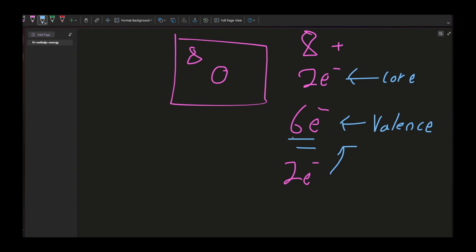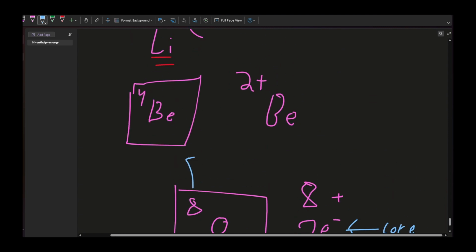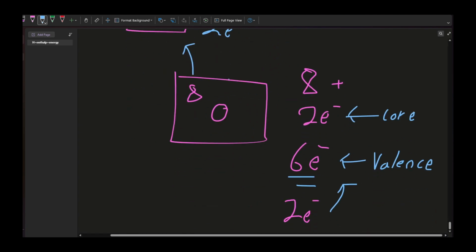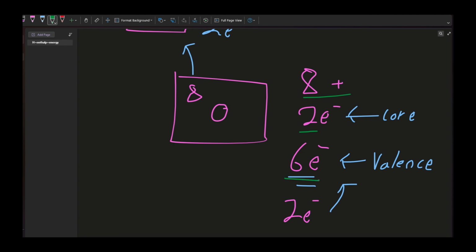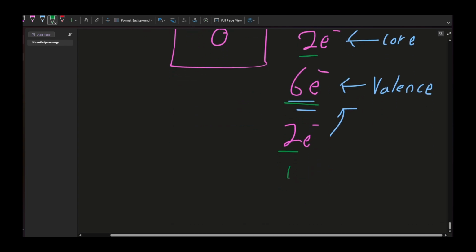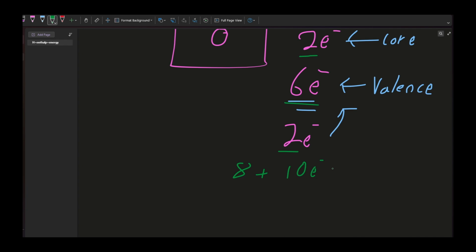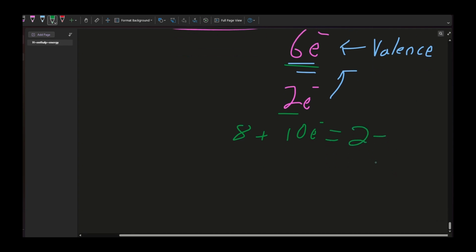So it's going to get these by bonding to an atom like beryllium, where beryllium wants to give away 2 electrons, and oxygen wants 2 electrons. So when it makes this bond, oxygen will still have 8 protons within the nucleus, but now it'll have 10 electrons in total: 2 core, 6 that it already had in the valence, and 2 more it gets. And that means the 8 positive charges will be canceled out, and oxygen will have a -2 charge.